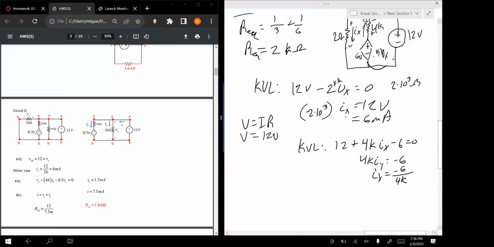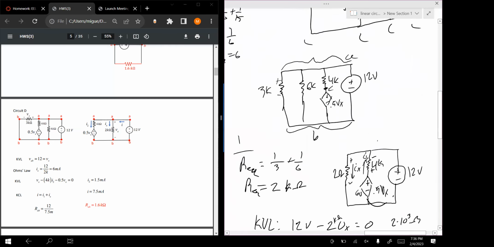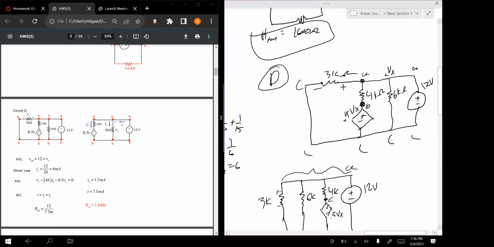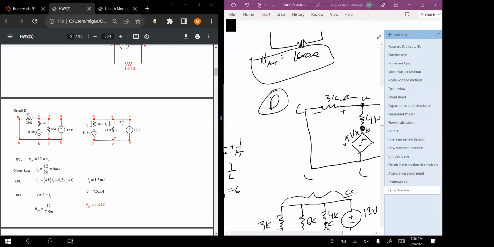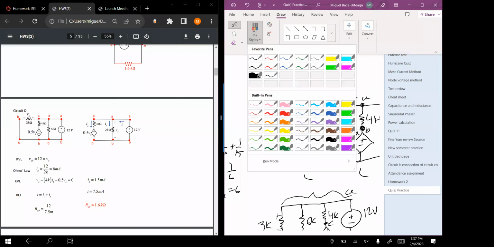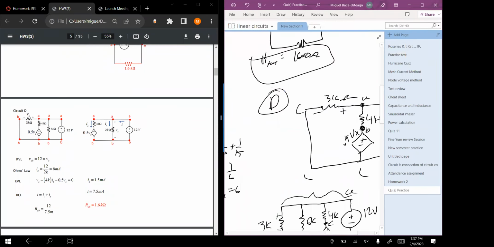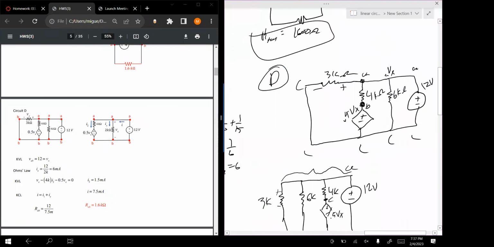So what they did was they took this original circuit here and moved this over here. This zoom is neat, but this is in the way. Okay, whatever. So what they did was a KVL like this.